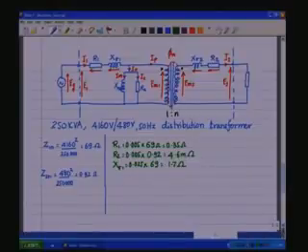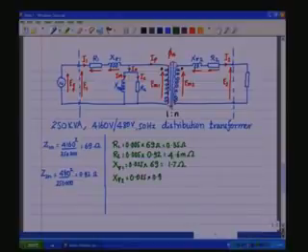And X sigma 2, the secondary side leakage reactance, is 0.025 into the base impedance on the secondary side, which gives you 23 milliohms.